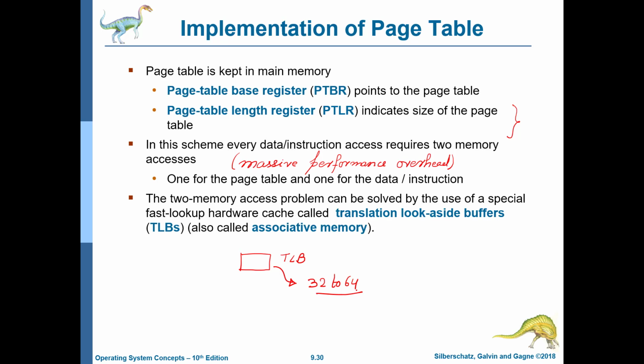Of course, if you miss in the TLB, we'll have to go to the page table, but TLB hit rates are typically very high, upwards of 98-99%. So most of the time we'll hit in the TLB, primarily because each entry in the TLB represents 4 KB of memory space. Because of temporal and spatial locality, TLB misses are rare, and hence most of the latencies of accessing a page table get hidden.